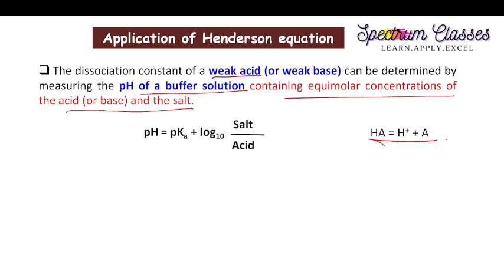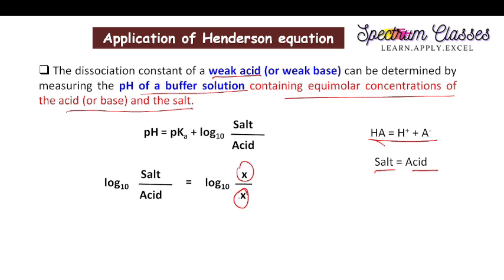Then we have this Henderson equation, and if at some point the salt concentration is exactly equal to the acid concentration, then salt upon acid equals 1. Say I replace both with x, since both are the same, and on solving this we get log base 10 of 1, which has value 0. So if this part of the equation is 0, then in that case pH is equal to pKa.